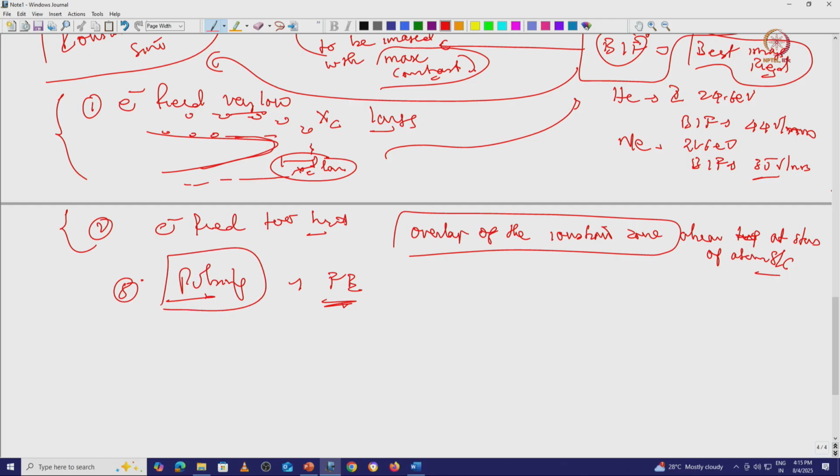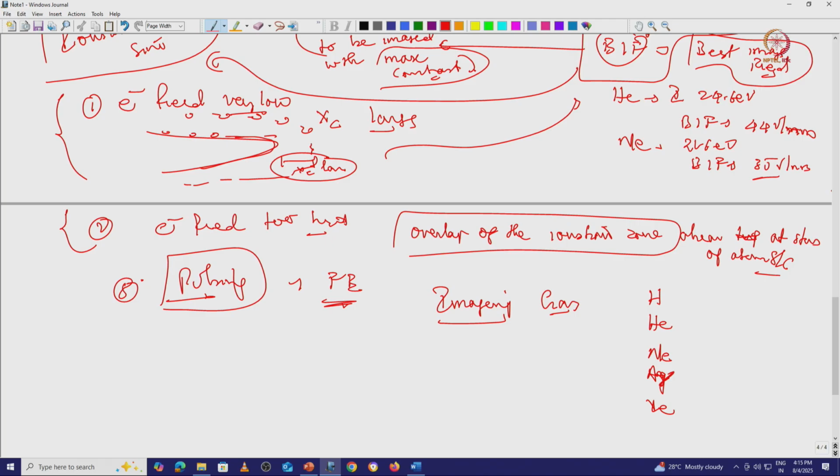So how to choose the imaging gas? This is a very crucial step during FIM. Usually, the imaging gases are hydrogen, helium, neon, argon, then xenon.